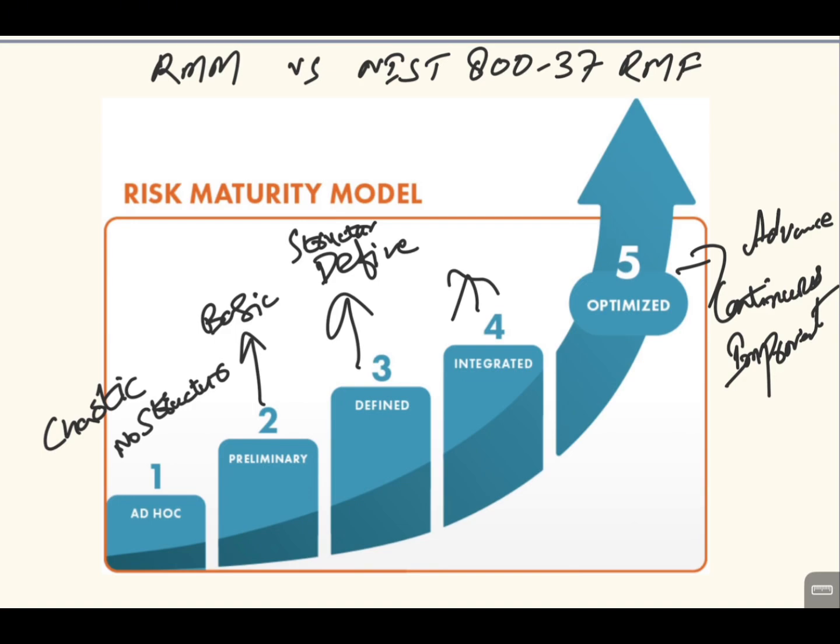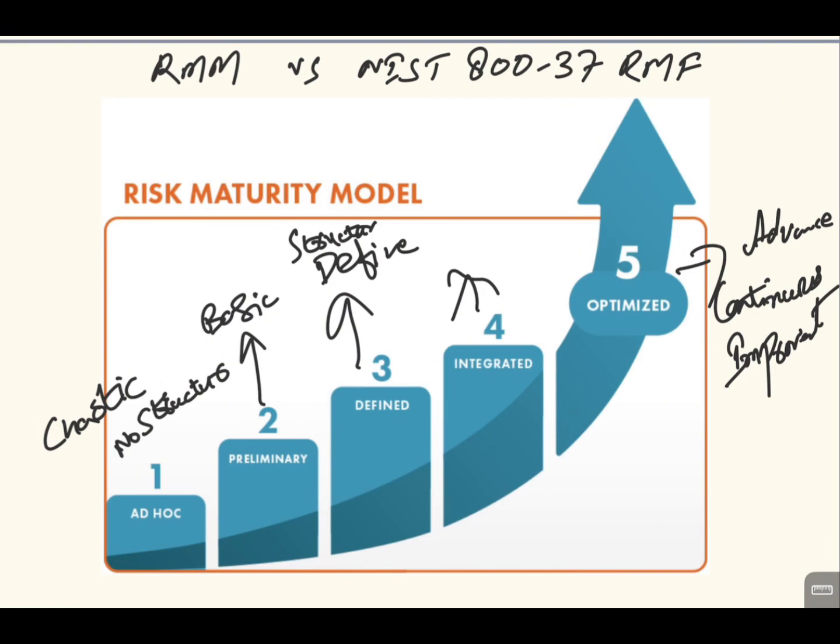I'm trying to relate RMM with RMF, right? RMM helps an organization assess its overall risk management maturity. RMF is an operational framework that ensures security risks are managed effectively at the system level. An organization at a higher RMM level can implement RMF more effectively.